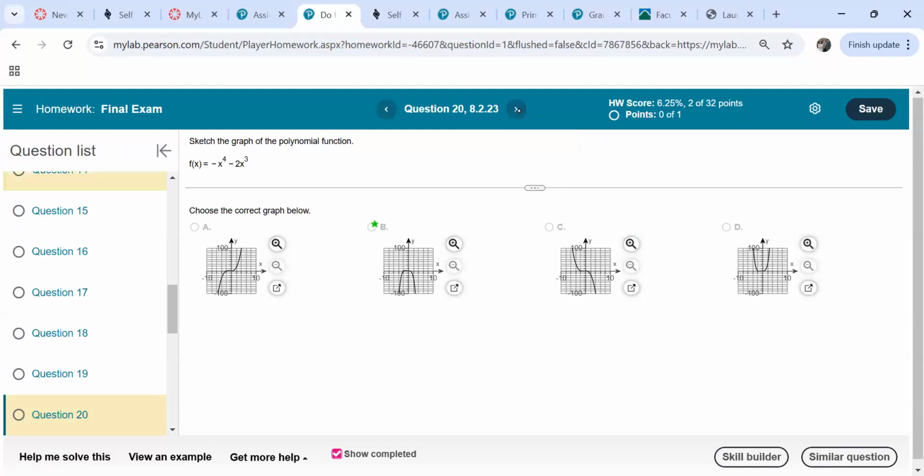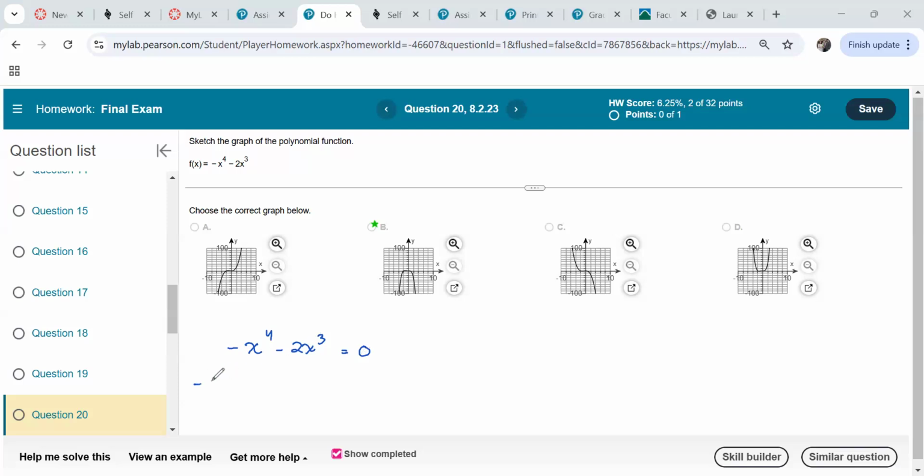So here we just want to sketch a graph of our polynomial. We have negative x squared minus 2x cubed. So things we want to know is first want to know where this is going to be equal to 0.